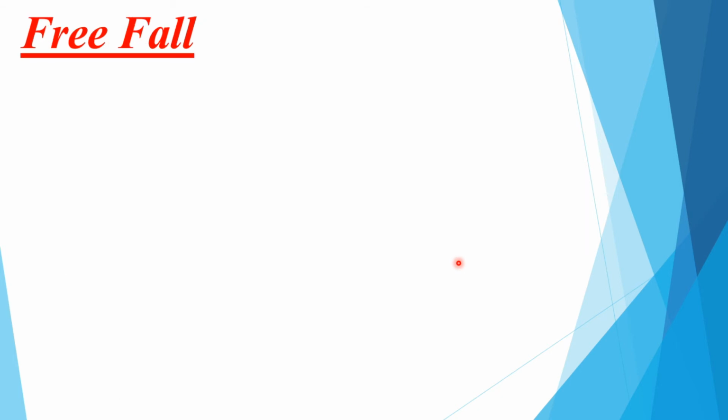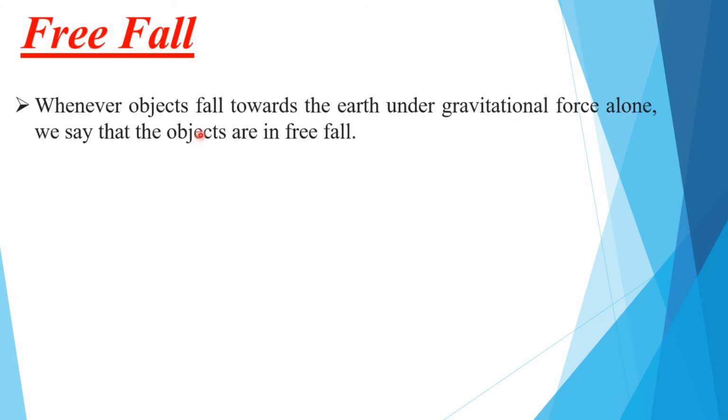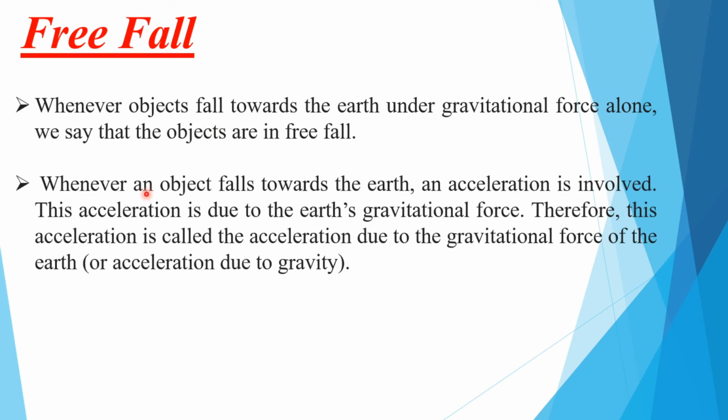Now what is free fall? Whenever objects fall towards the earth under gravitational force alone, we say that the objects are in free fall. So the object is falling only in the presence of gravitational force. Now whenever an object falls towards the earth, acceleration is involved.